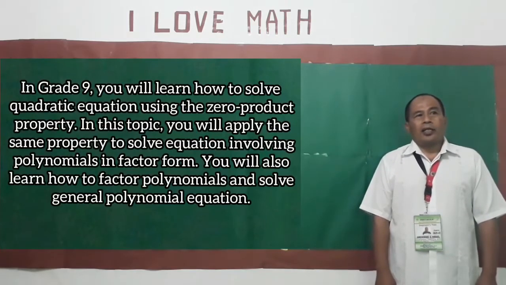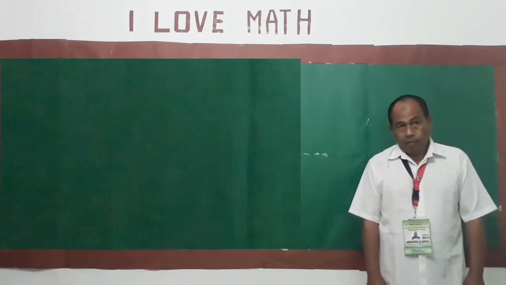In grade 9, you learned how to solve quadratic equations using the zero product property. In this topic, you will apply this same property to solve equations involving polynomials in factored form. You will also learn how to factor polynomials and solve general polynomial equations.